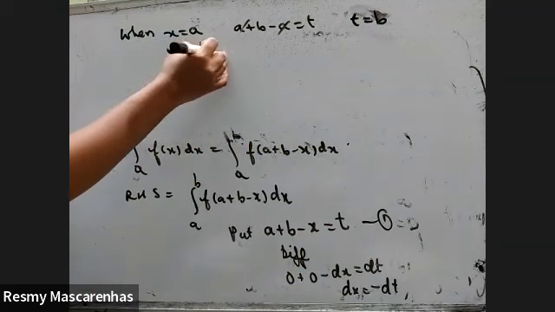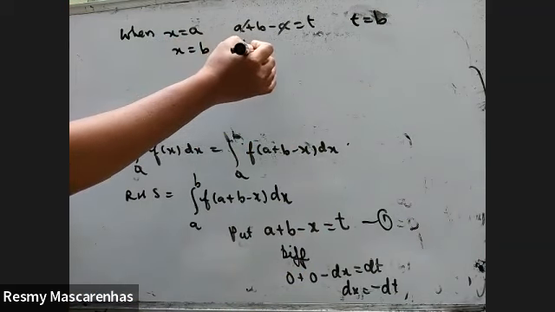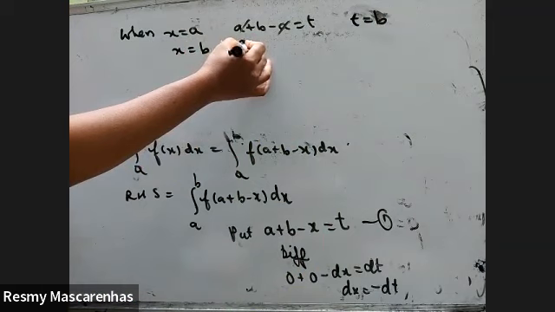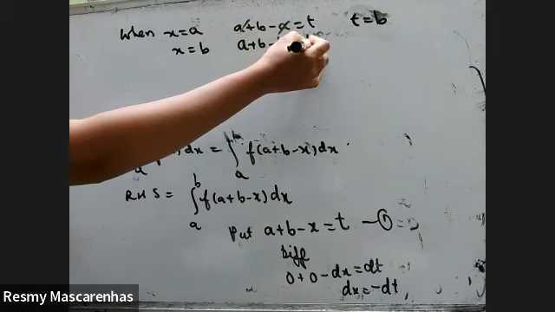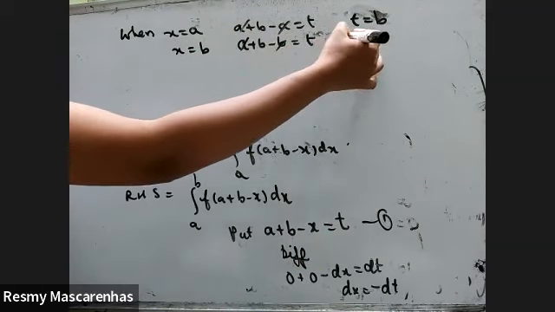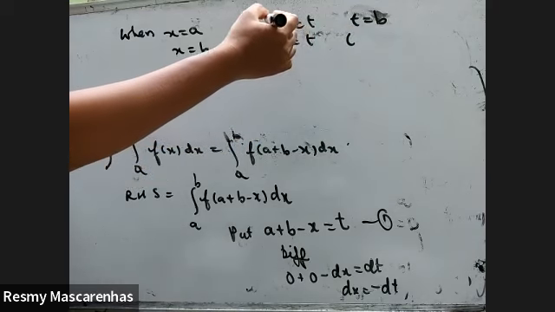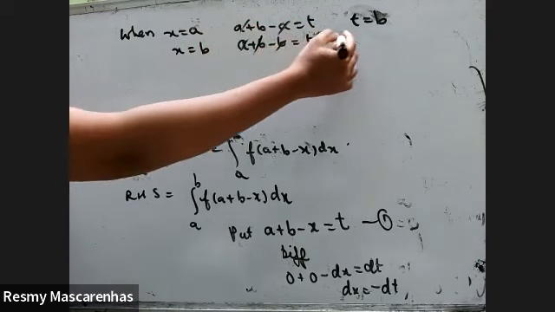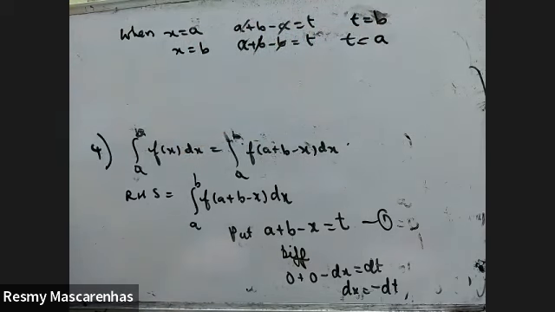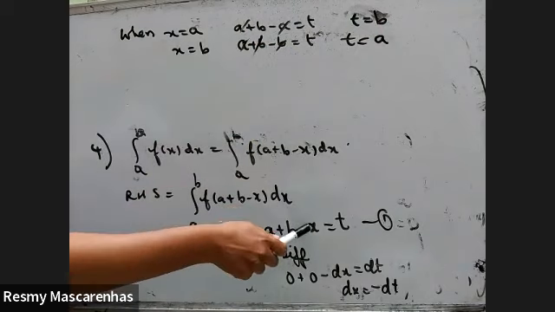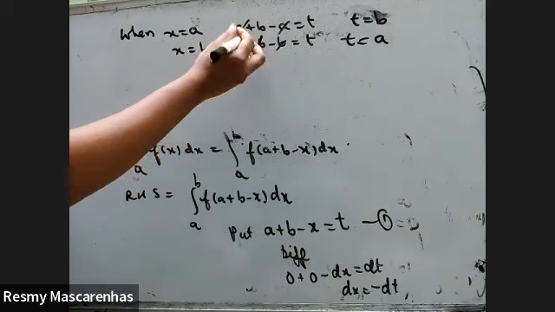When x is equal to b, put b over here and calculate the value of t. t will be equal to a.